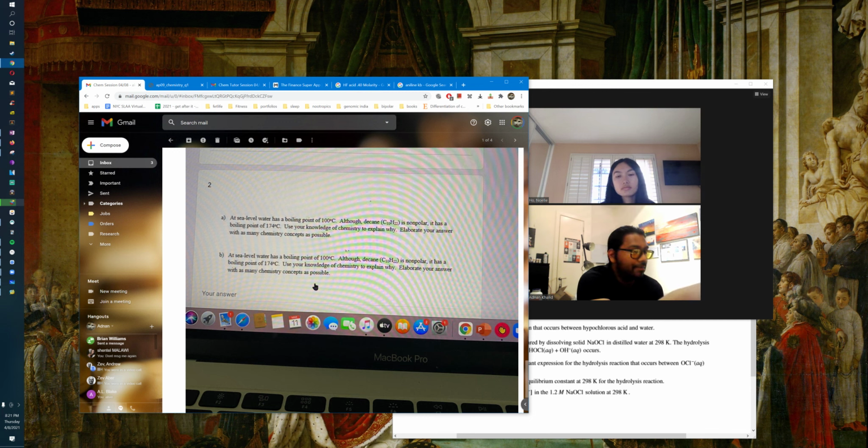So it's not a matter of intermolecular forces. However, decane is much, much heavier. And that's why it requires more heat energy to get it to turn into the vapor phase. Because if you think about it, water weighs like 18 grams per mole, right? And decane, so one carbon is 12 grams per mole.